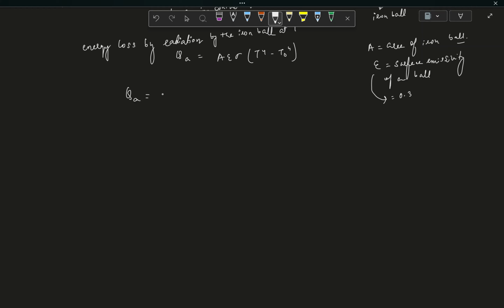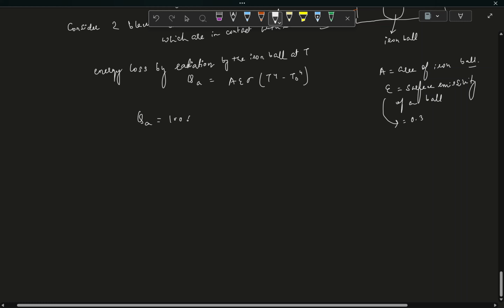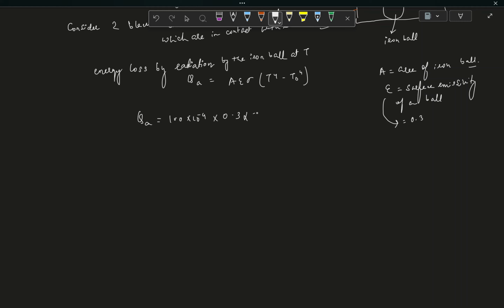So Q_A is equal to, the surface area was 100 into 10 to the power minus 4 meter square. Surface emissivity is given, epsilon as 0.3. Sigma value you have to remember, this is 5.67 into 10 to the power of minus 8, into T and T naught values are given.